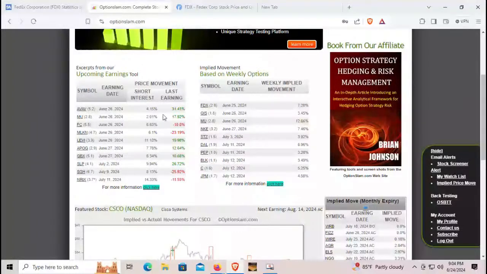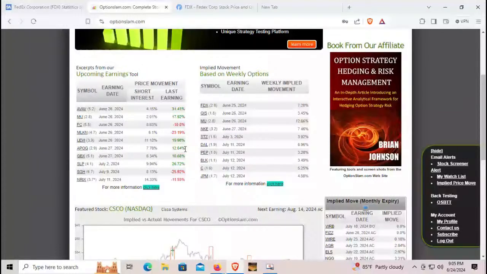Perhaps, let's take a look over here. The last earnings on these stocks: AVAV, we got 31%. MU had 17% positive. We have FC down 10%. MLKN down 23%. Levi was up 19, almost 20%.